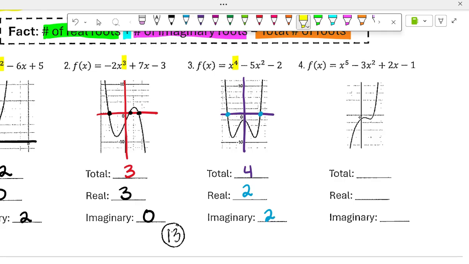All right, what about number 4? How many should I have total? 5. Good. Axes are right here. How many real do I have? 1. Only crosses once. So that means how many imaginary do I have? 4.